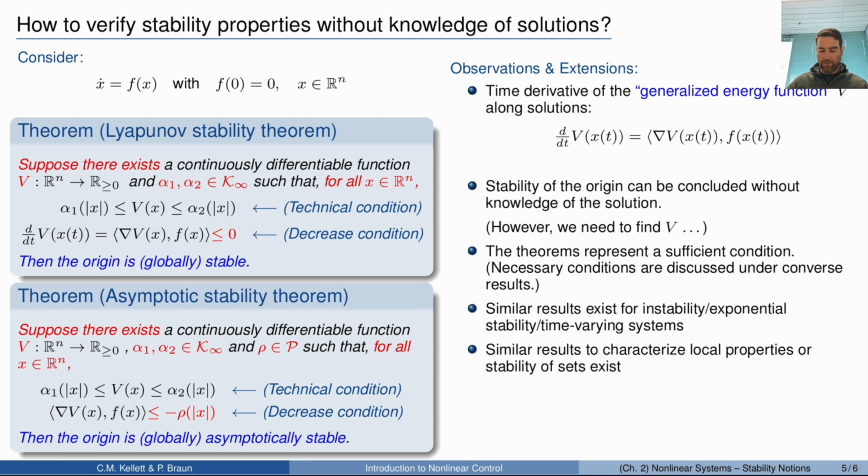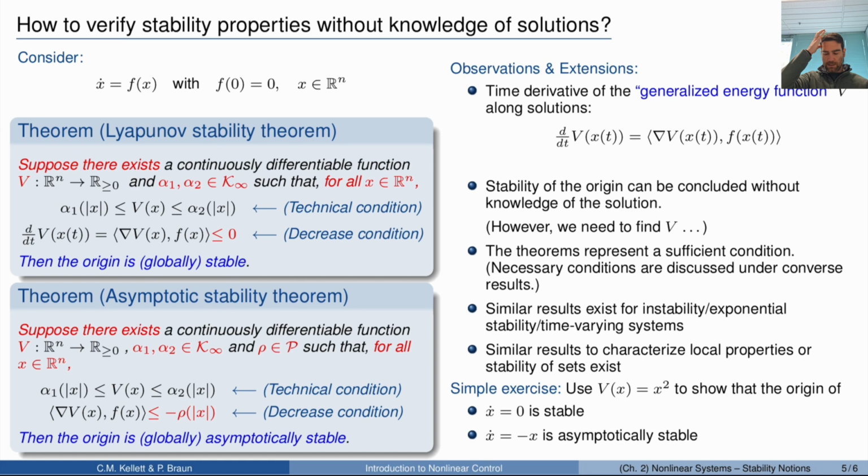Finally, these are global results because it needs to be satisfied for all x in Rn, but this can also be restricted to local results, giving local stability and local asymptotic stability.